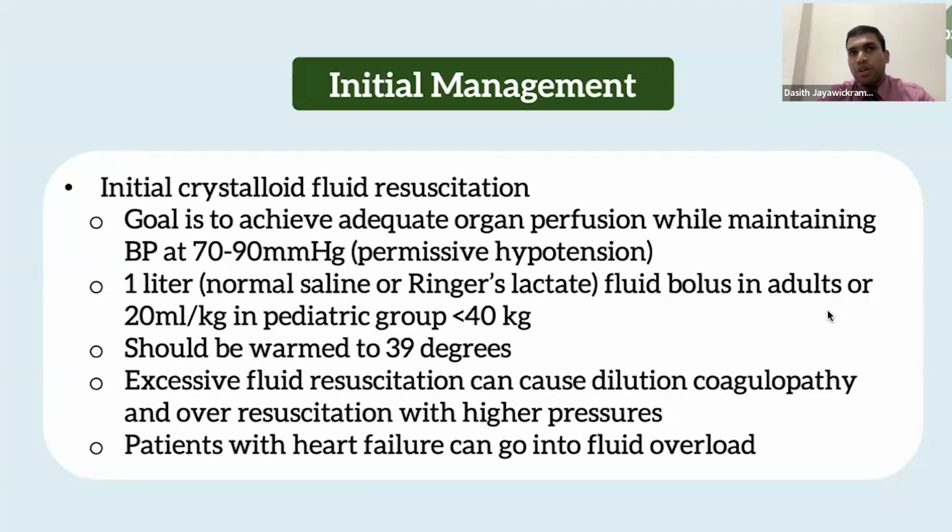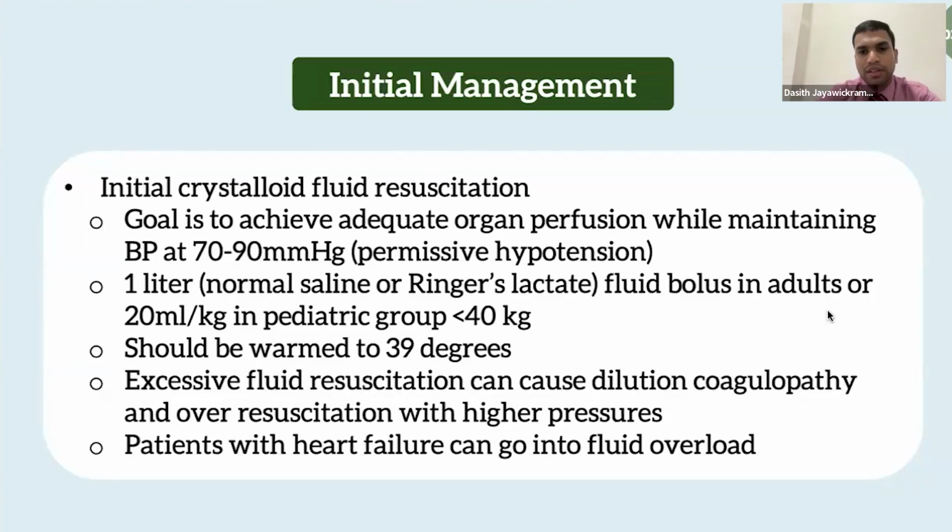When we resuscitate this patient with fluid, our goal is to achieve a systolic blood pressure of between 70 to 90. This is called permissive hypotension. That means we are keeping the systolic blood pressure in the borderline between hypotension and normotension.